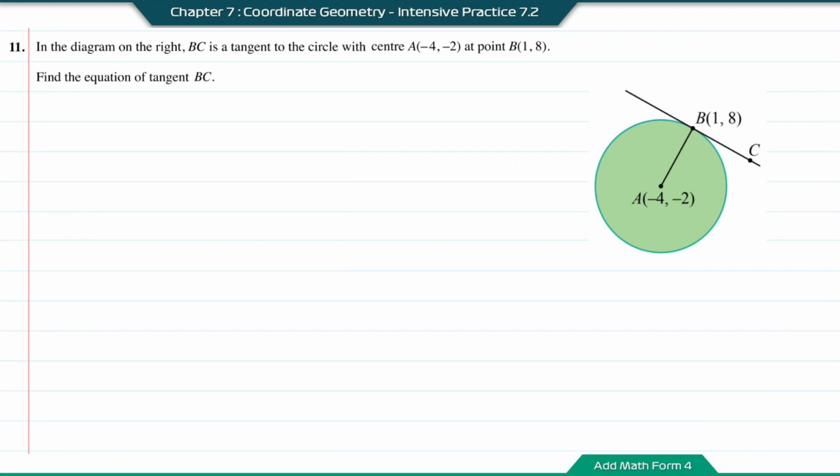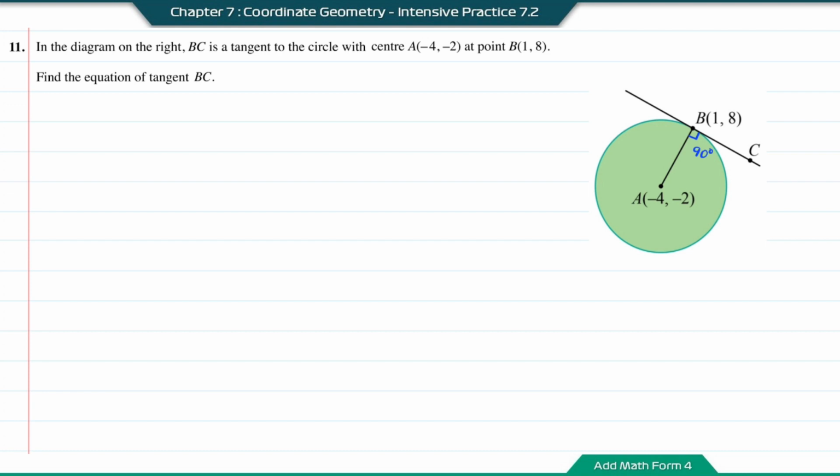Question 11. In the diagram on the right, BC is a tangent to the circle with center A, negative 4, negative 2, at point B, 1, 8. Find the equation of tangent BC. The angle formed between the tangent of the circle and the radius AB is 90 degrees. This means the radius AB is perpendicular to the tangent of the circle.